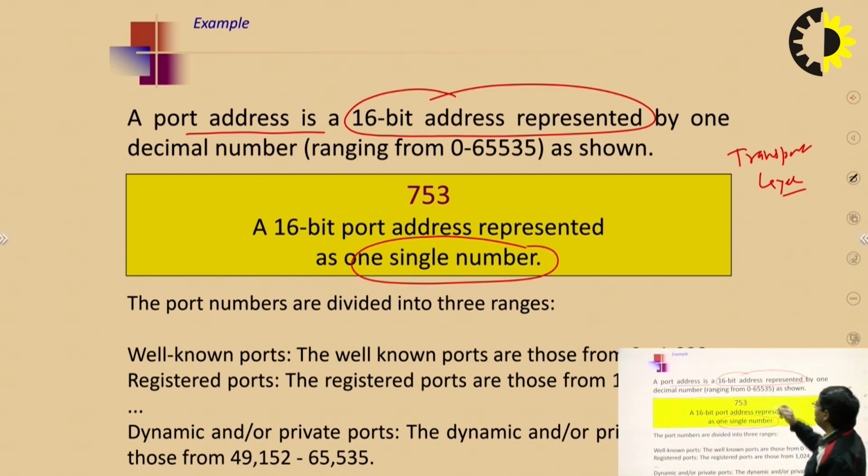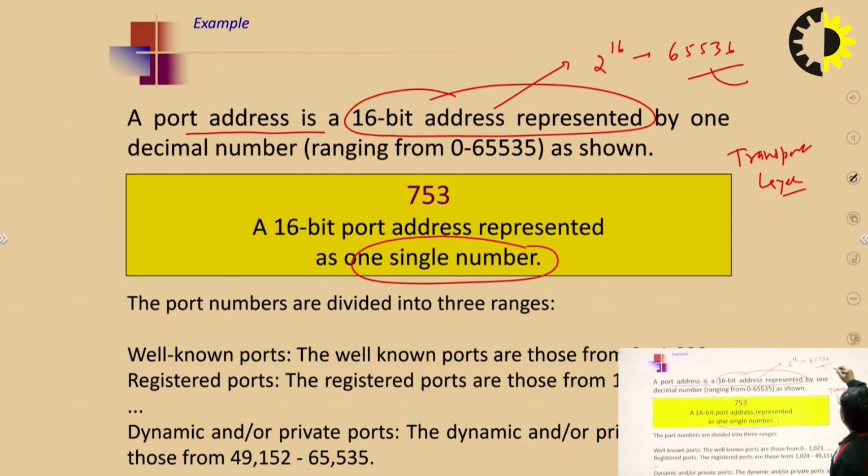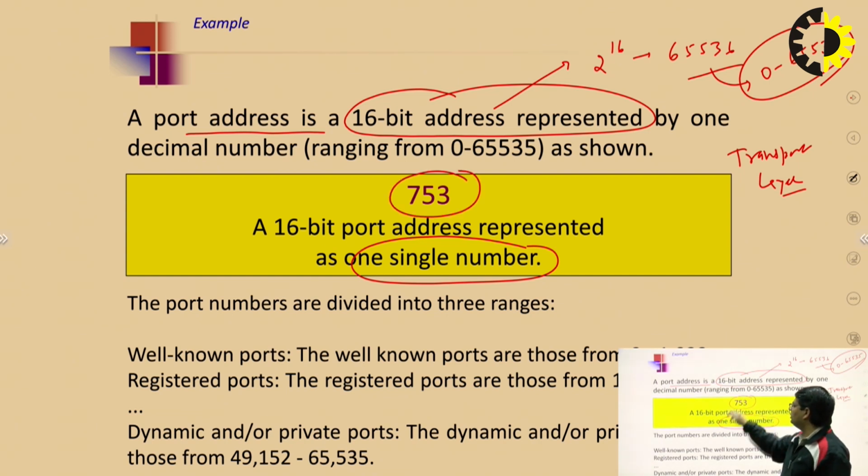So if we have a 16-bit address, the total addresses are 2 raised to power 16, that is 65536. So the port address can be any unique number in decimal form in the range of 0 to 65535. So any number in this range can be used as a port address. For example, this is one example of the address of a port.